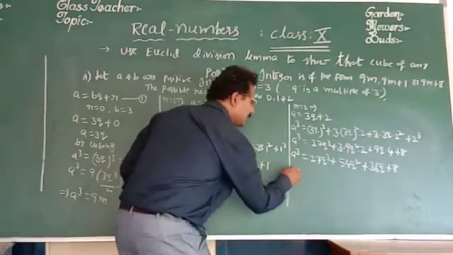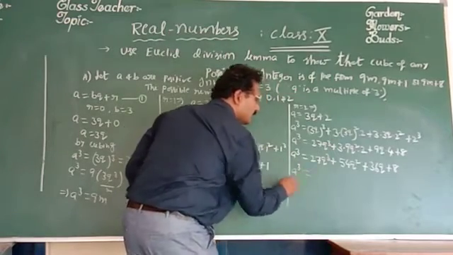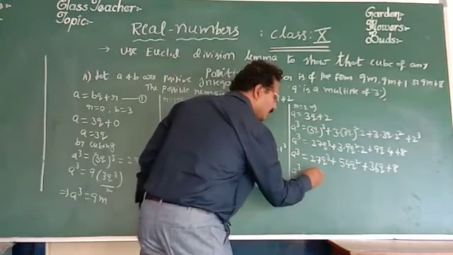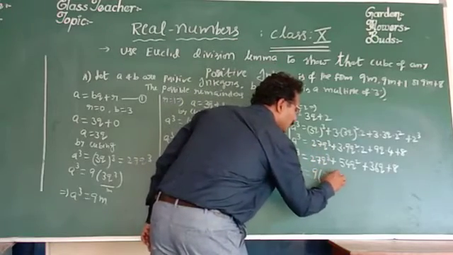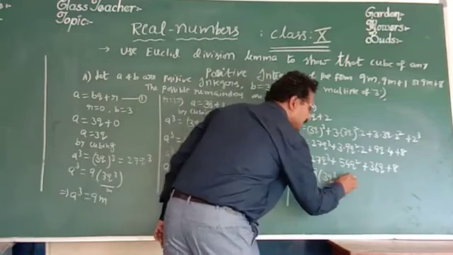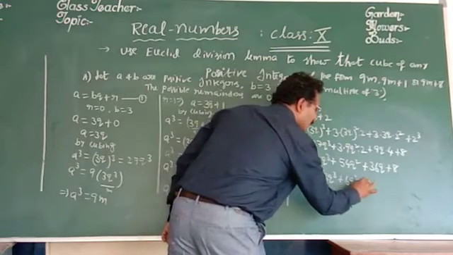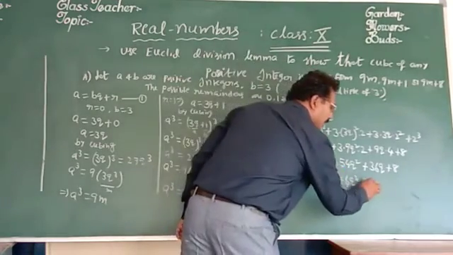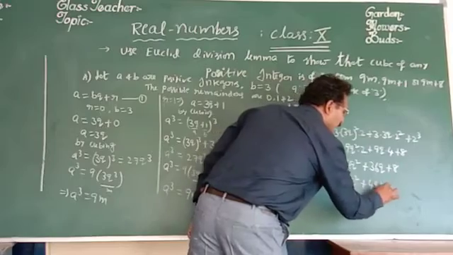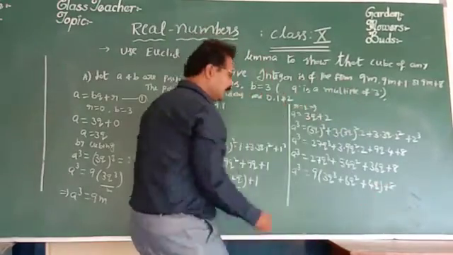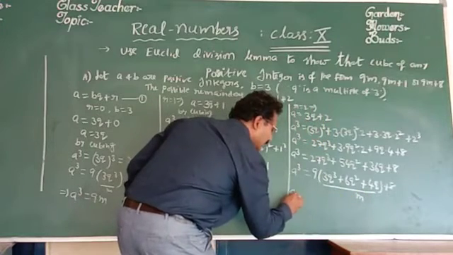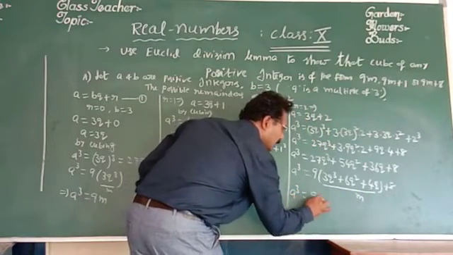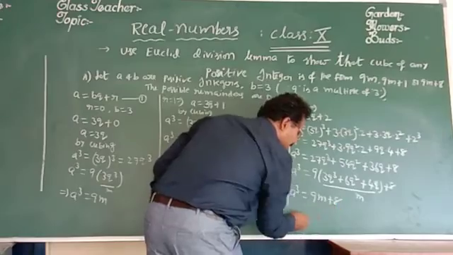Now if you take 9 common, a cube is equal to 9 of 3q cube plus 6q square plus 4q, plus remaining 8. Again let this total be m. It becomes a cube is equal to 9m plus 8.